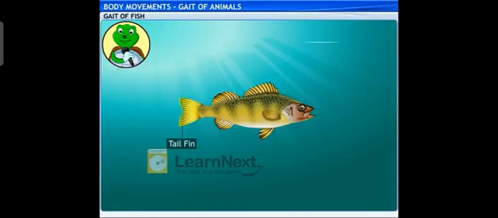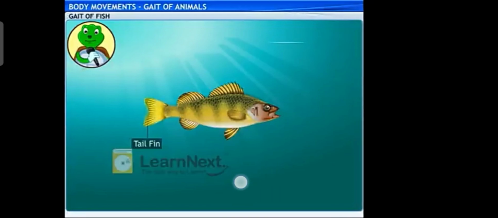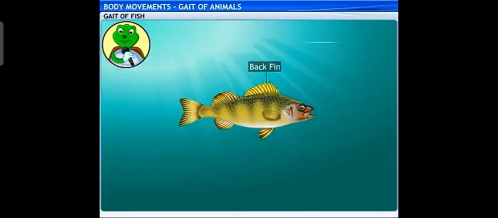And the fish has a tail fin, and this tail fin helps to maintain the direction. Which way the fish wants to go and move is maintained by the tail. The back fin also helps to maintain the way in which it is moving.